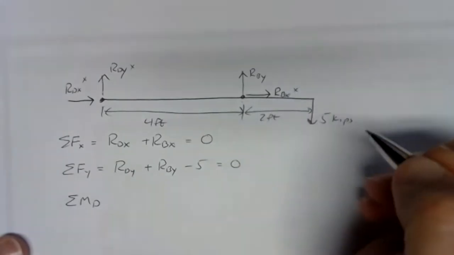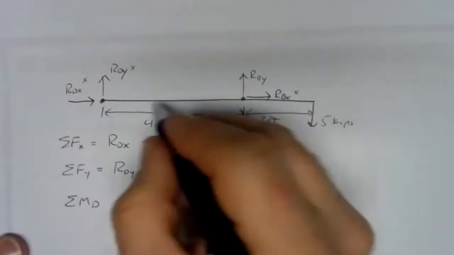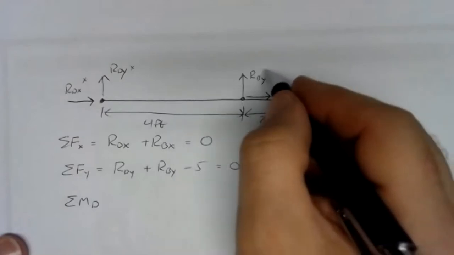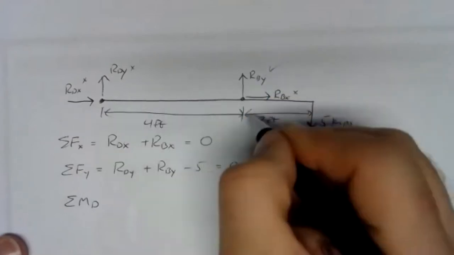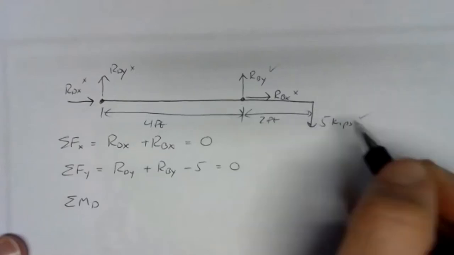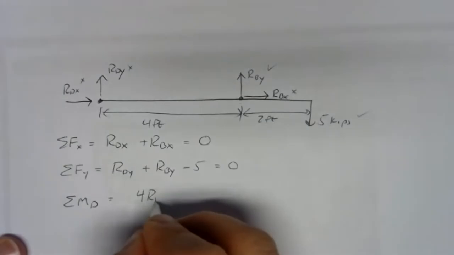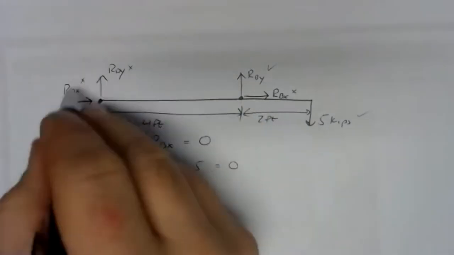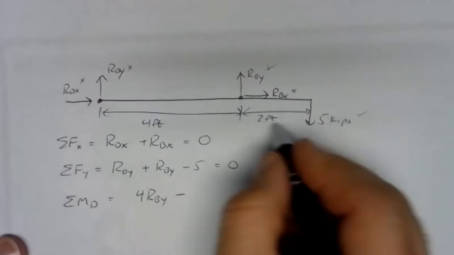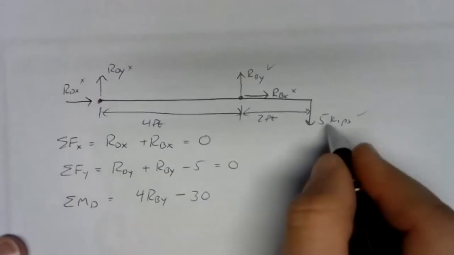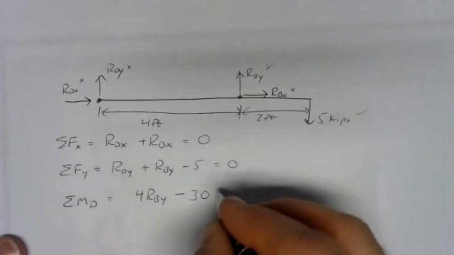It'll also knock out RBX, since the line of action for RBX goes right through the pivot point. RBY will have a moment, has an arm of 4 feet, and the 5 kips has a moment arm of 6 feet. So we'll have 4 RBY positive because it would give us a counterclockwise moment. And then we'll have a negative 30. 6 feet times 5, clockwise moment, so it's negative.